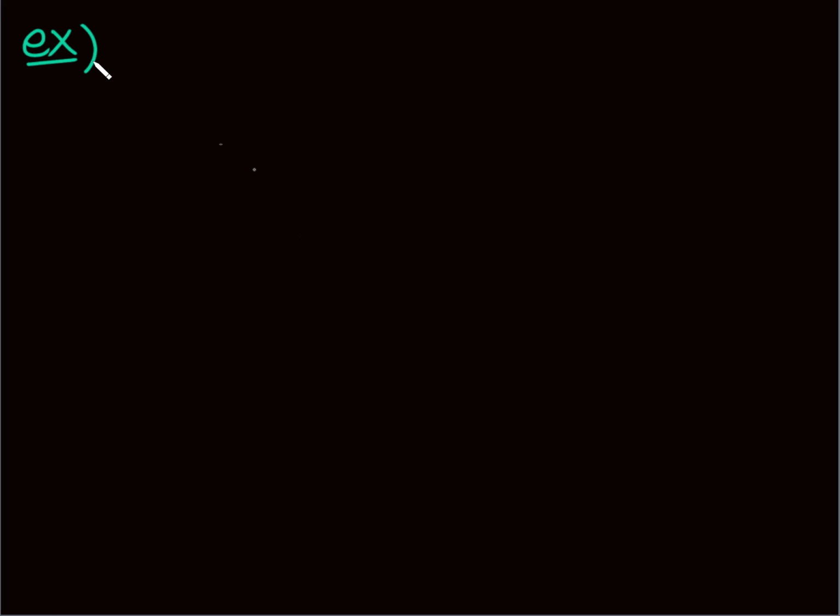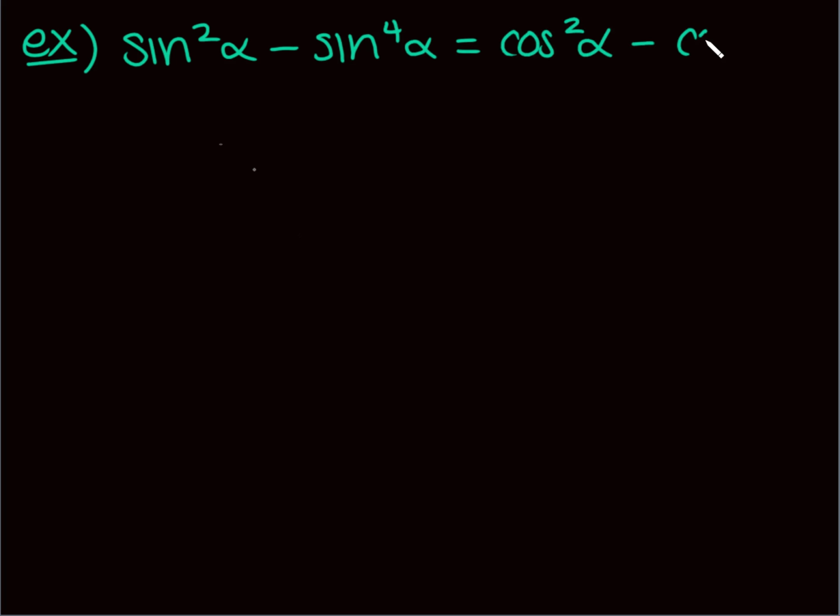Let's do this one from my notes: sine squared of alpha minus sine to the 4th of alpha equals cosine squared of alpha minus cosine to the 4th of alpha.